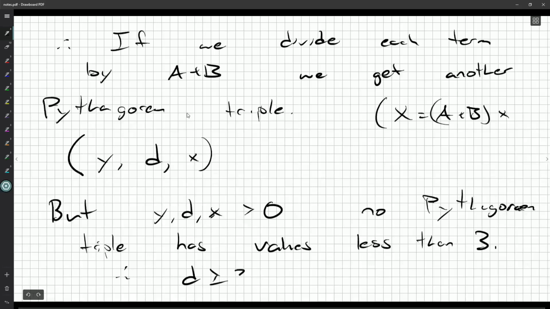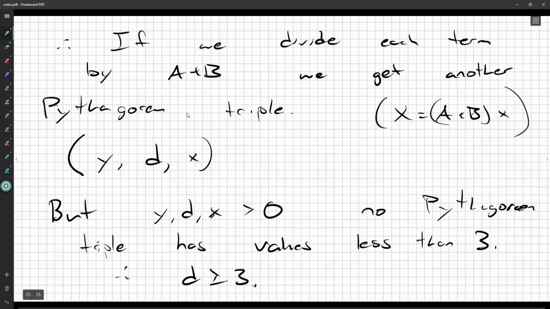Therefore, d has to be greater than or equal to 3. There's no way that d could be 2 or 1 because there simply isn't a Pythagorean triple that involves 2 or 1 and has positive values. And there we go.